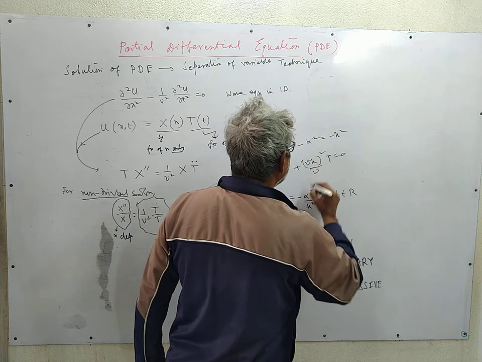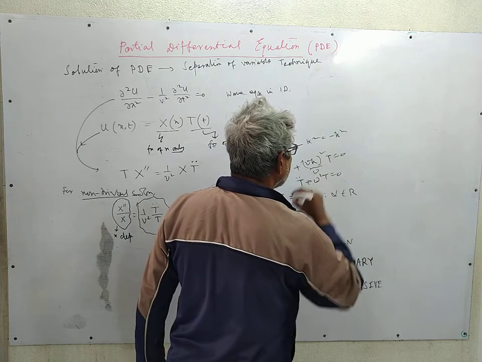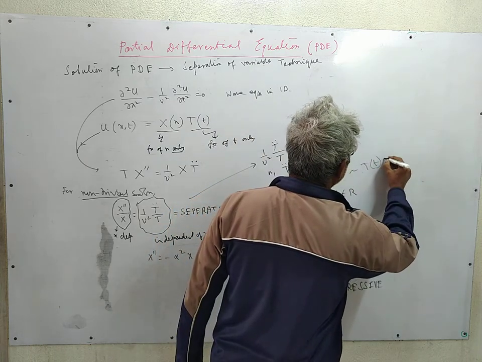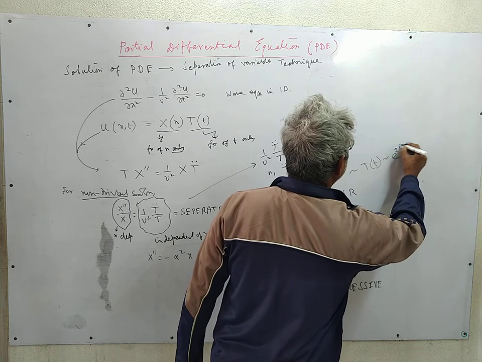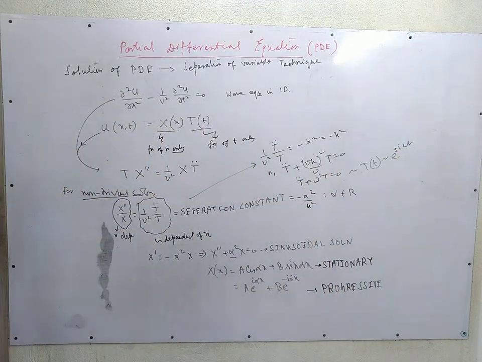This is omega. So the solution is T double dot plus omega square T is equal to 0, which has a solution T of t is equal to e to the power plus minus i omega t. So we see that the separation of variable technique returns back the progressive wave solution for this differential equation.